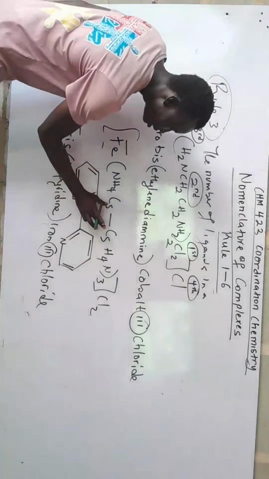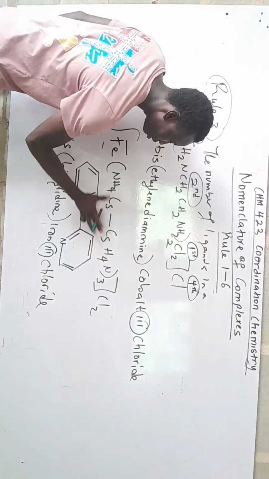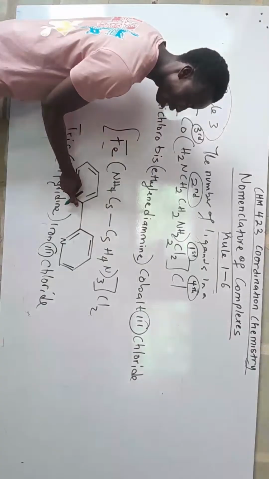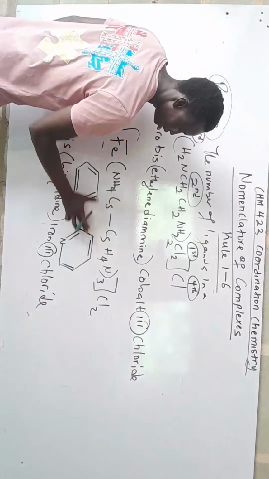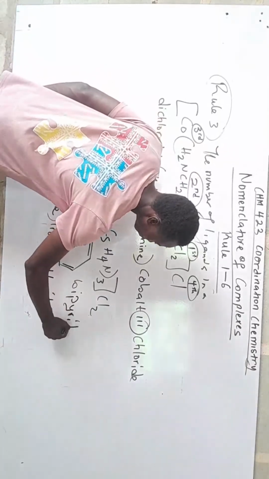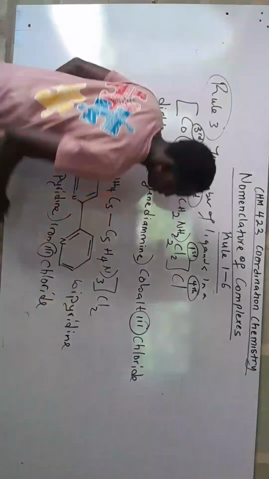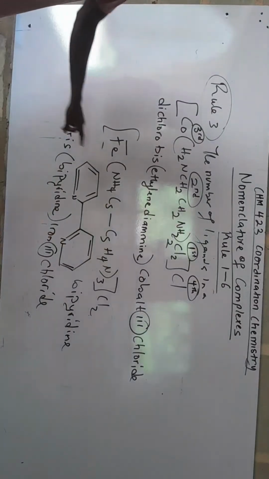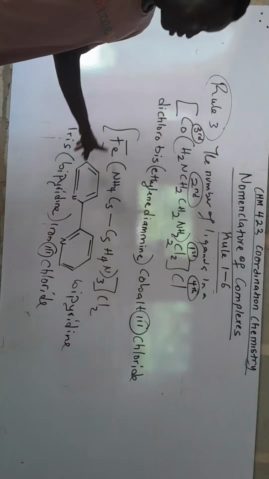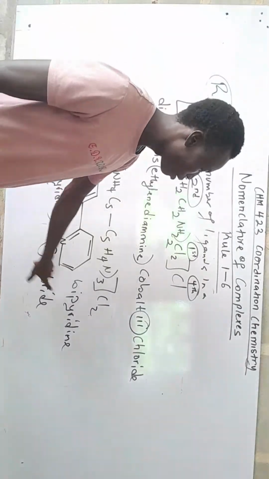Now, this one that you are seeing in this place is 2 of the pyridine. Look at this, is where they are jointed together. I'm trying to show you the structure of pyridine. This one is called bipyridine. That's the structure of bipyridine. Okay. So iron 3, followed by what? Followed by chloride.